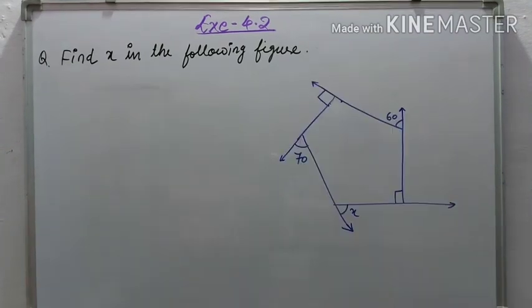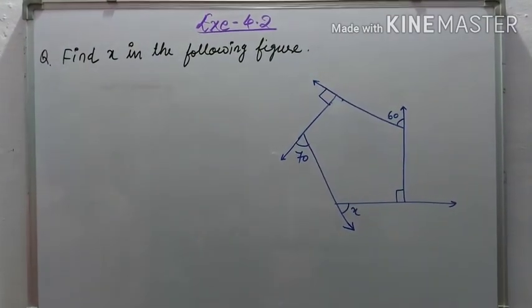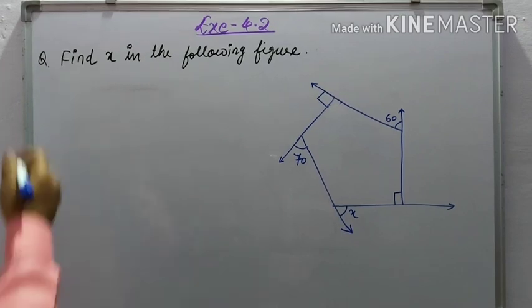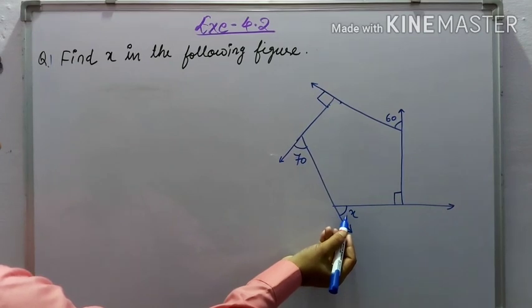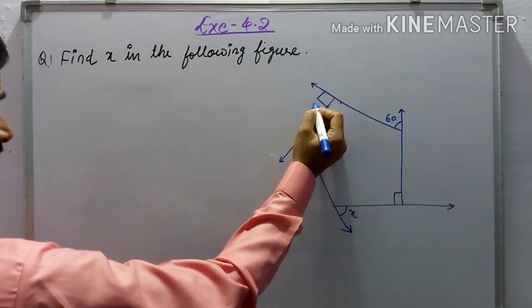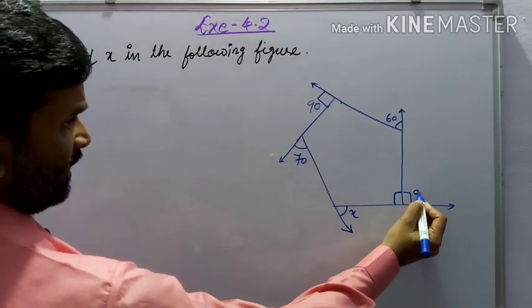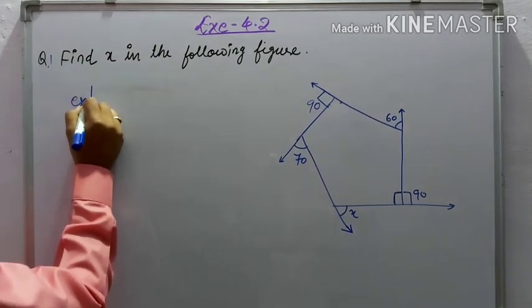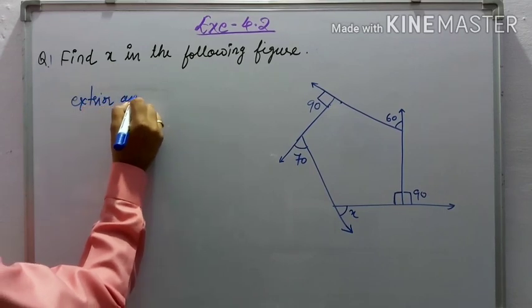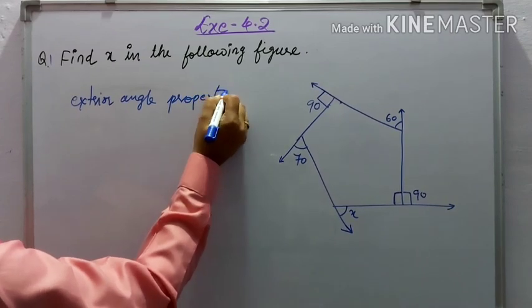Now the next question, find the value of x, part of question 1. The given diagram has first exterior angle x, then 60, and there is a 90, and similarly another 90 because of a linear pair of angles, and 70. Again write the exterior angle property.